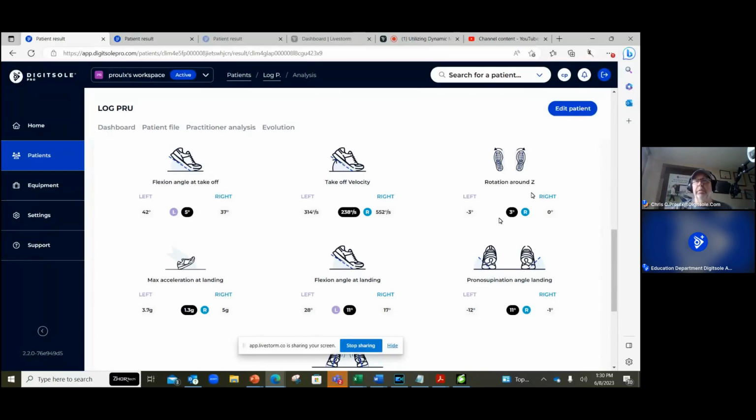So when I look at this rotation around the z-axis, I don't want to go past single digits in the negative, and I don't want to go past 30 degrees in the positive. In fact, I don't like to see 30 degrees in the positive either, and really want to see less than 25 degrees. And I'm going to show you something here in a second.